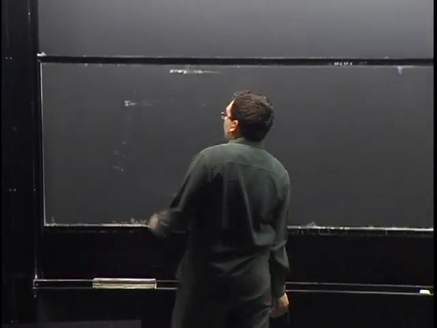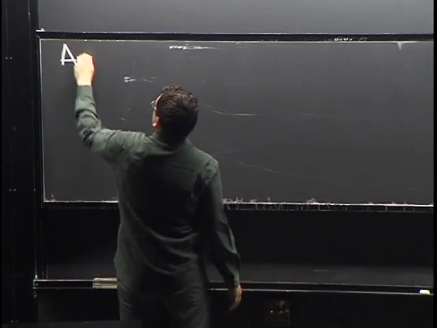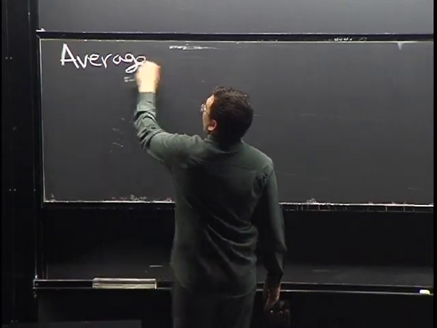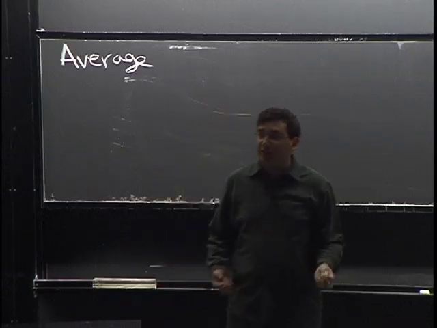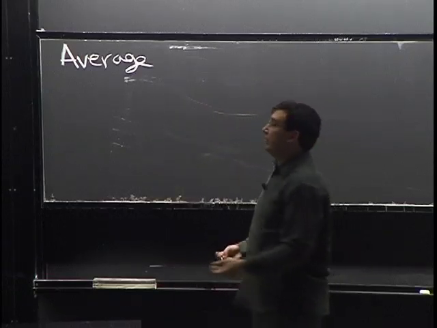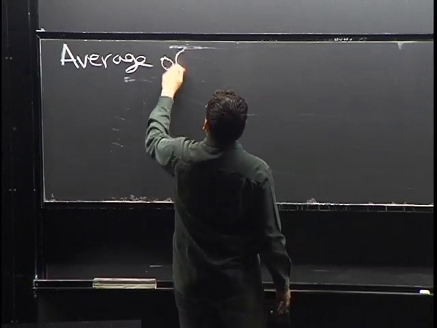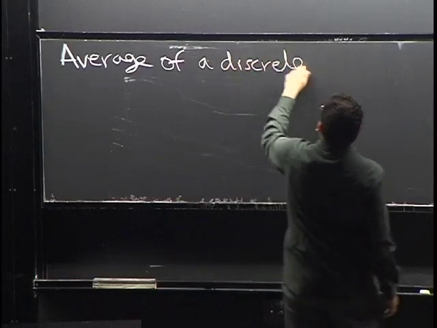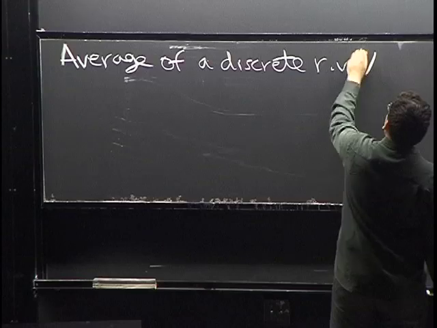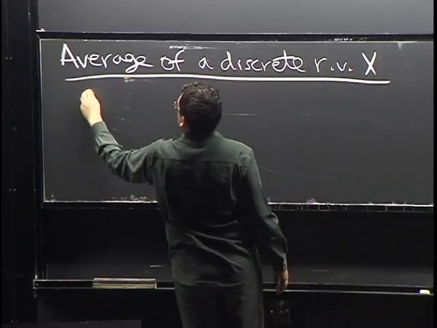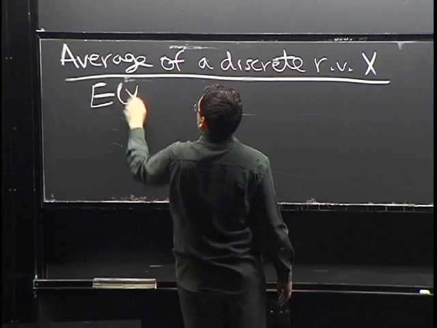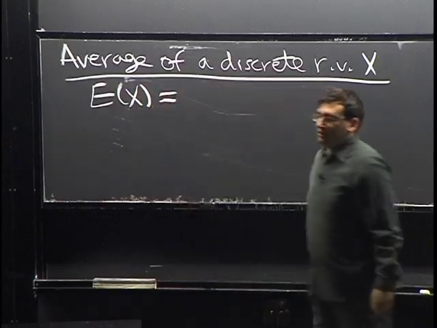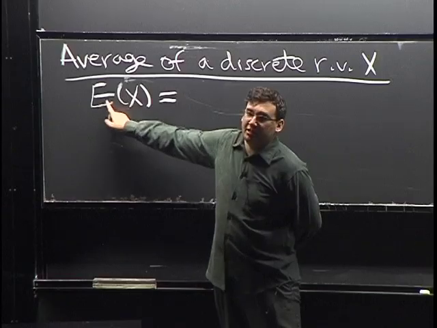So we want the average, and we're talking about the discrete case now. Everything will be analogous for the continuous case, which we'll get to later, but right now we're doing discrete. So, the average of a discrete random variable x. The standard notation in statistics is to write E of x, where E means expected value.